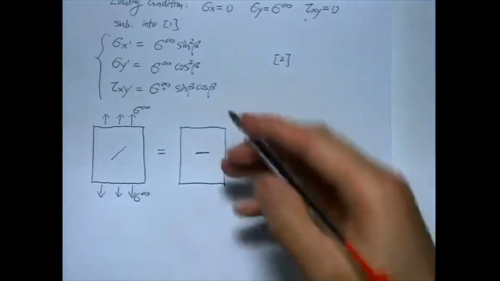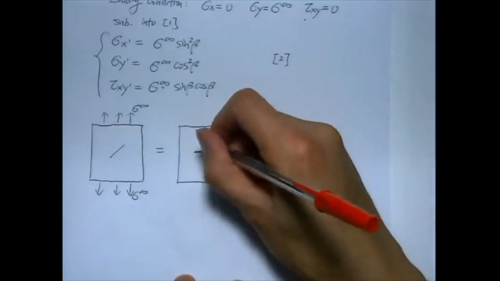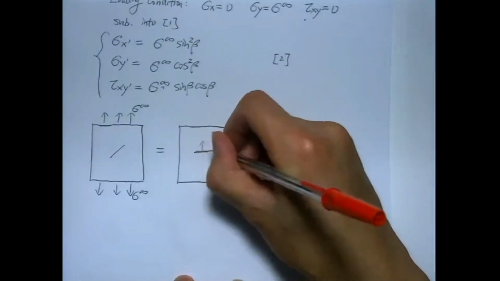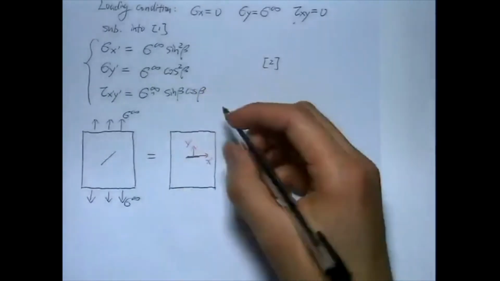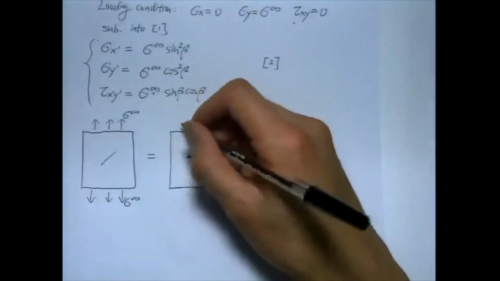However, the coordinate system now is the transformed one, X prime, Y prime. We have rotated the stress tensor.